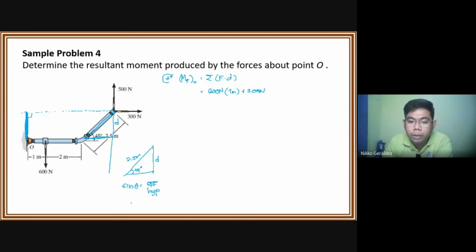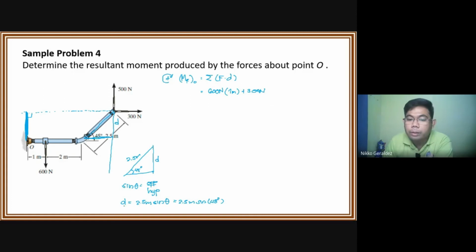So, formula natin for D, so that is D is equal to 2.5 meter sine theta. Theta natin is 45 degrees. So, that is 2.5 meters times sine 45 degrees.